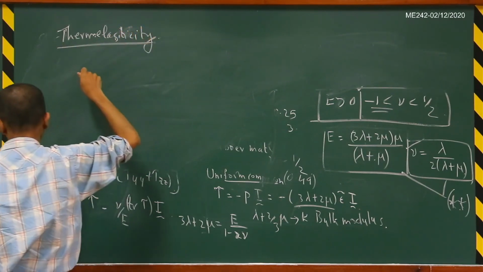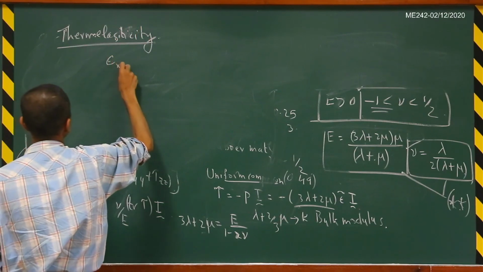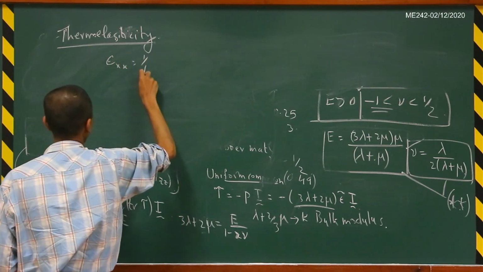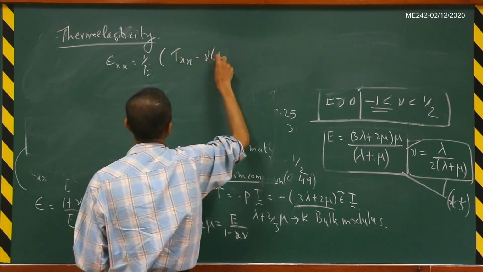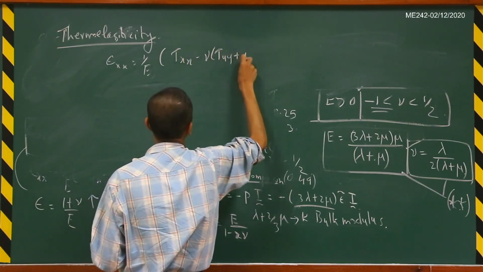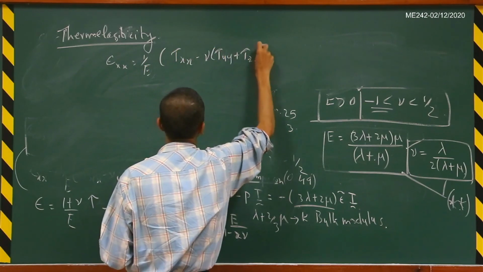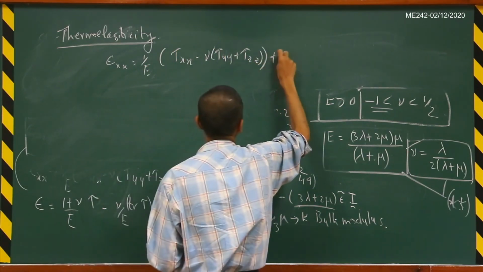So here your epsilon xx is equal to 1 by E times tau xx minus nu times tau yy plus tau zz, plus alpha delta T.